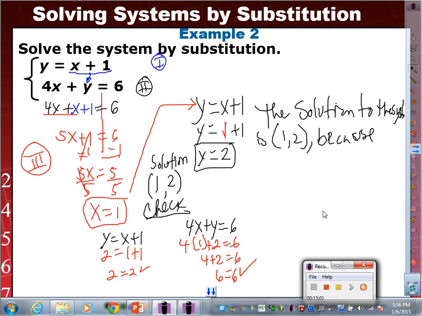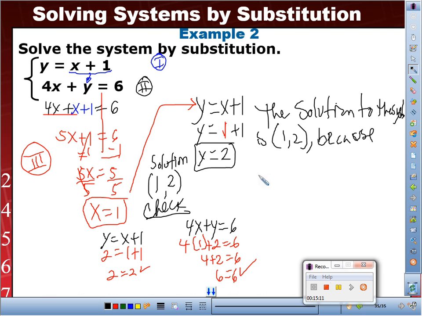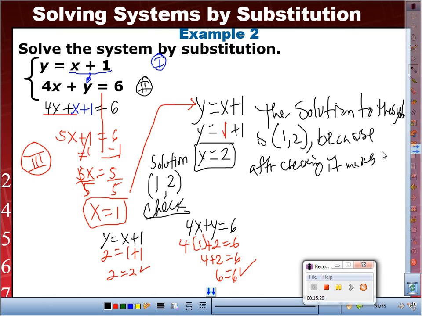Because why? Because after checking, it makes both equations true.